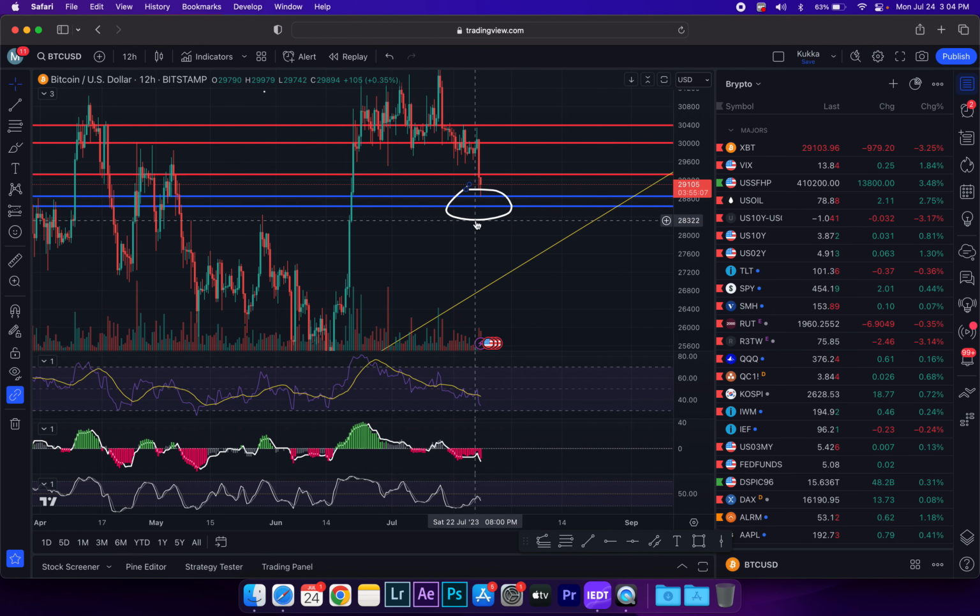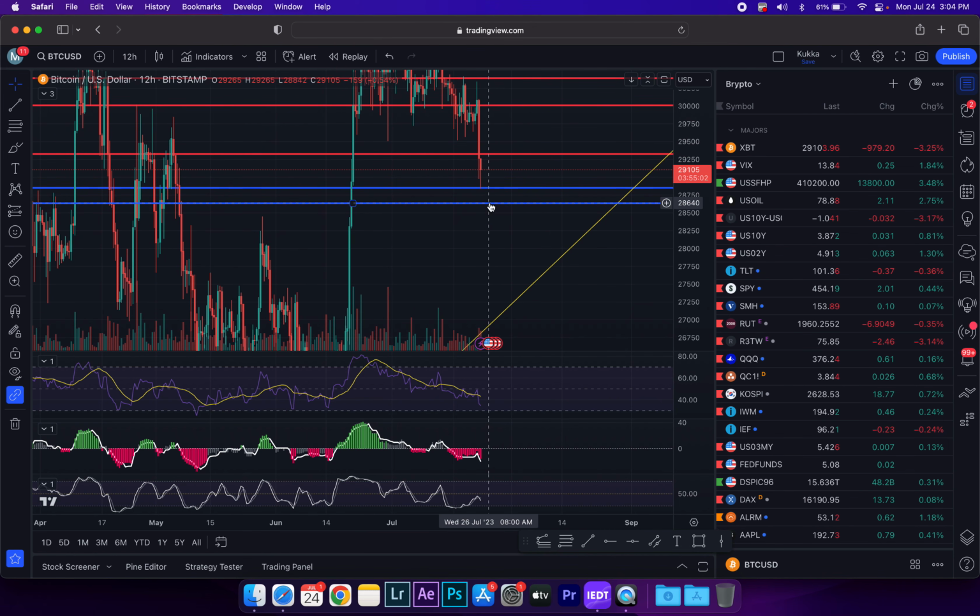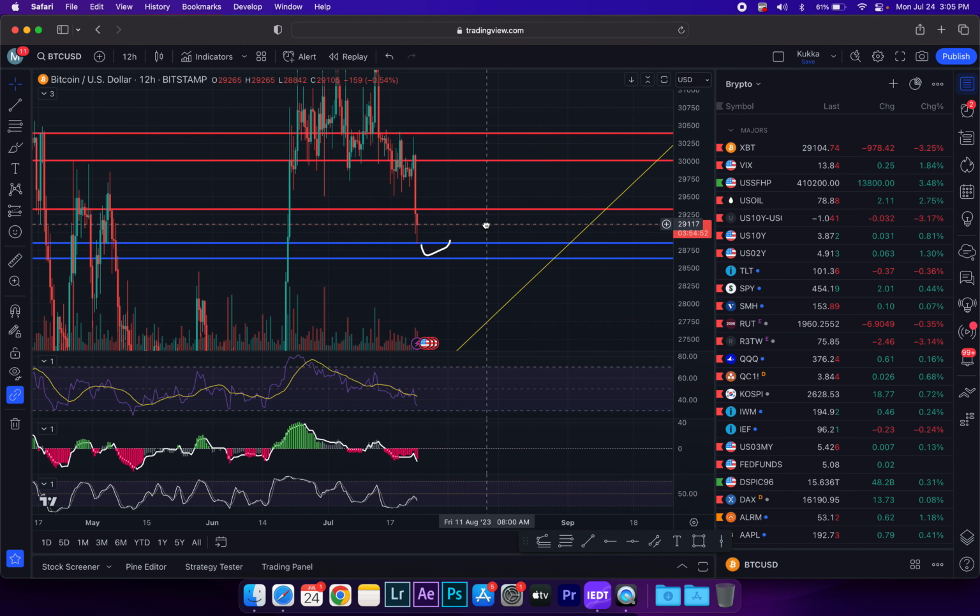So for example, if you were to enter the trade right around here, 28,600, so BTC comes over here and starts to bounce, then your take profit area will be the resistance areas above.